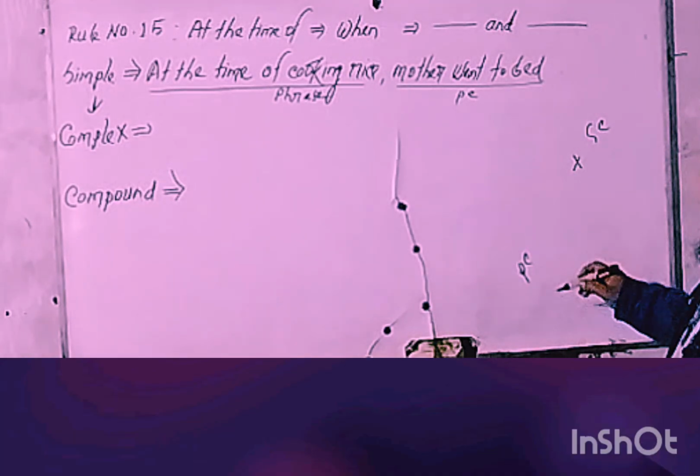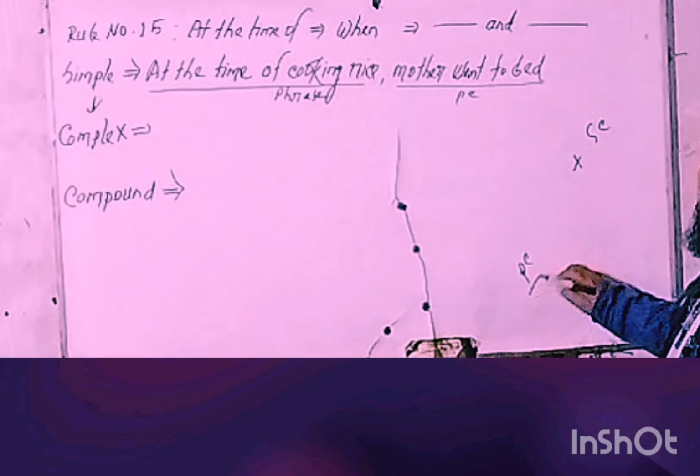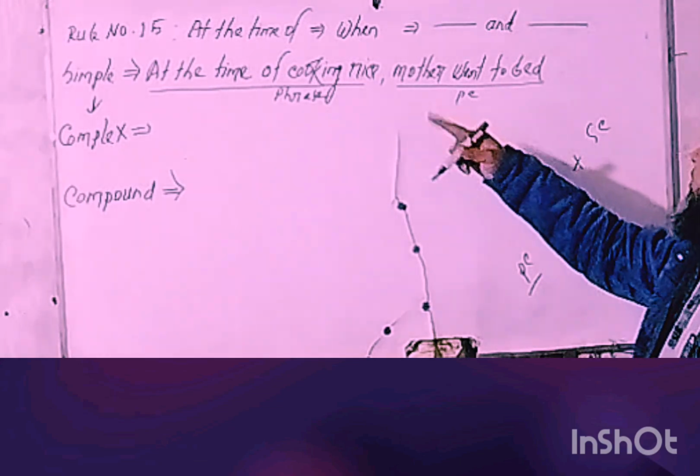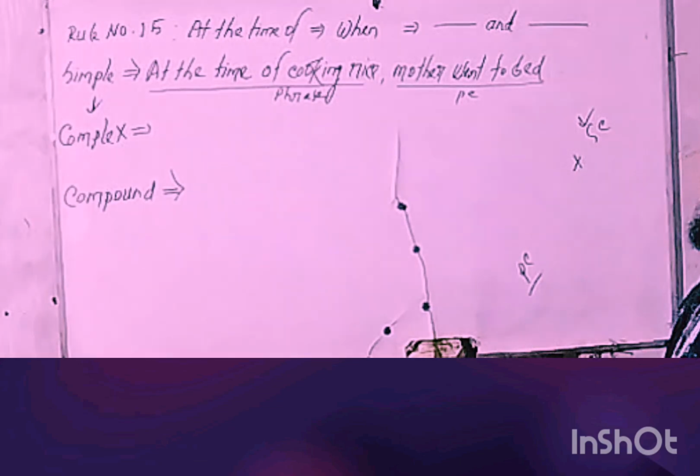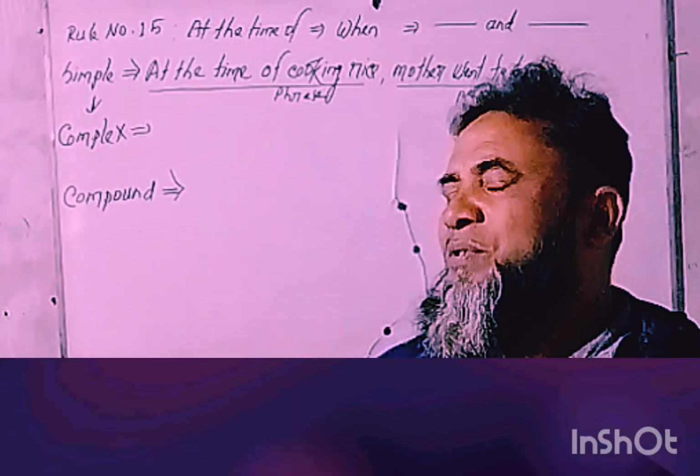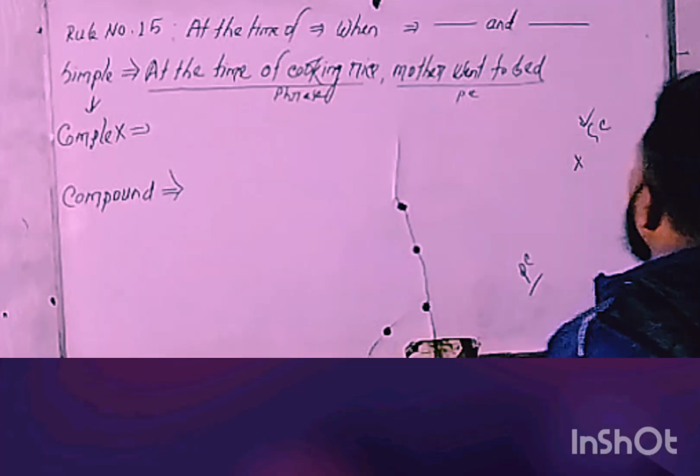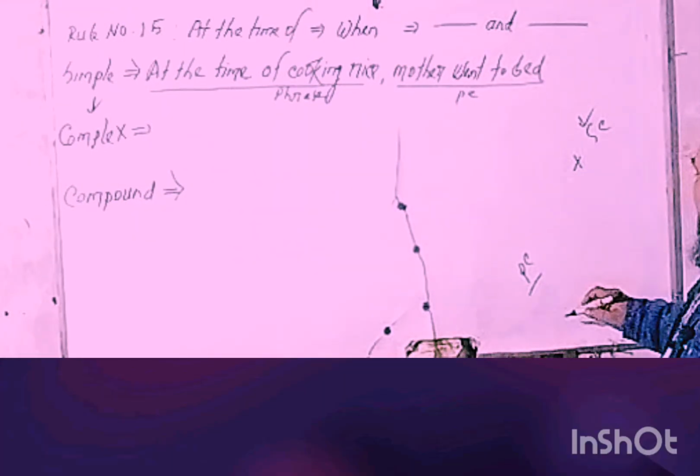So, my dear learners, this sentence already has a principal clause. Now you'll have to change the phrase into a subordinate clause. But of course, you know, my dear learners, what the precondition of a subordinate clause is.